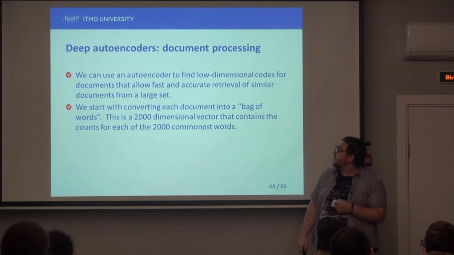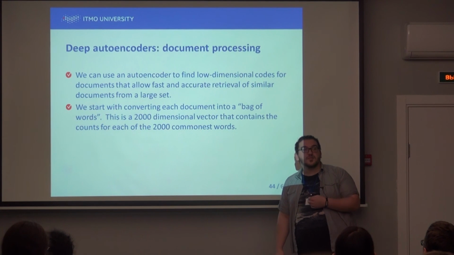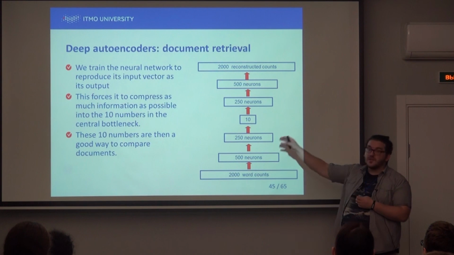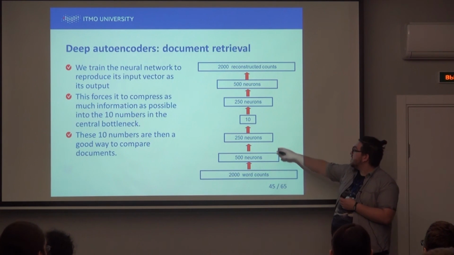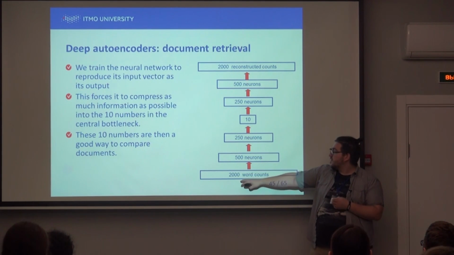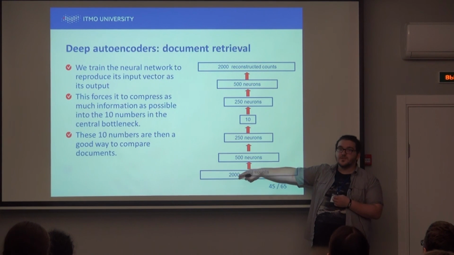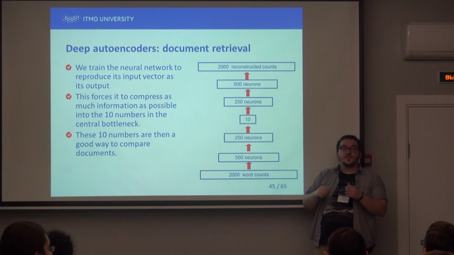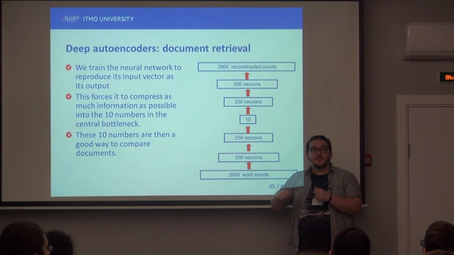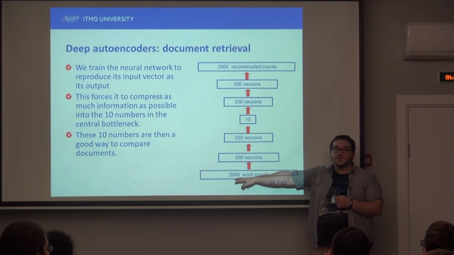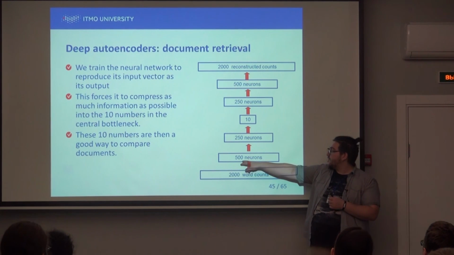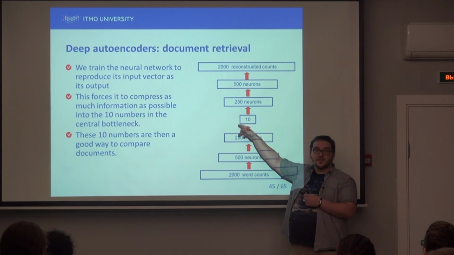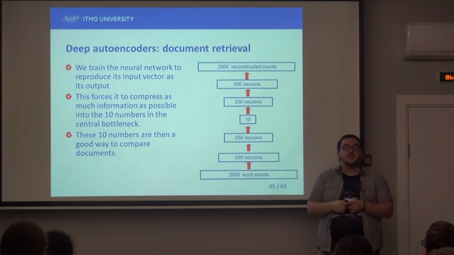Okay, so it's also used, for instance, for document preprocessing. Just like we have lots of documents, we use this architecture. So you see, we do not squeeze data just once, but we start with 2000, go to 500, 250, 10, and then maximizing it.